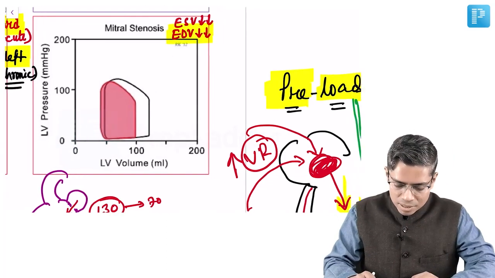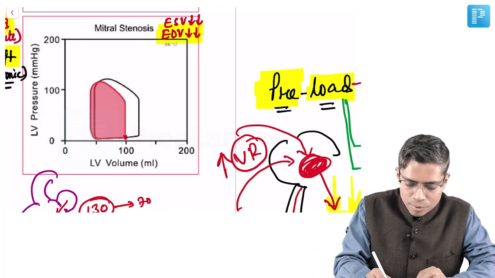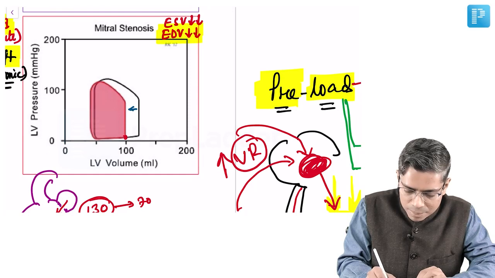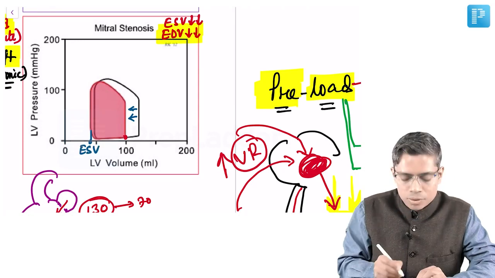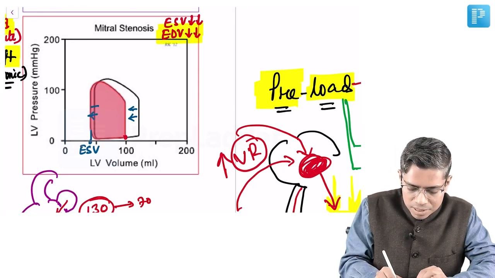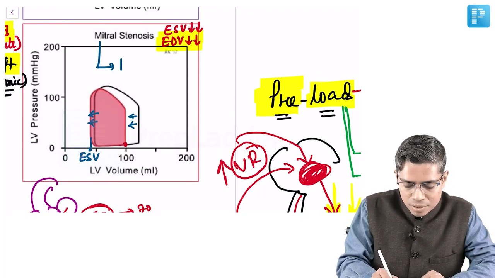So if your end diastolic volume is decreasing, you can easily find out here, this is the decreased end diastolic volume, meaning the curve has shifted in this direction, and this end systolic volume is also reduced. So obviously again here also the curve is shifted in the left hand direction. That's why we say mitral stenosis means left shifting of the PV loop.